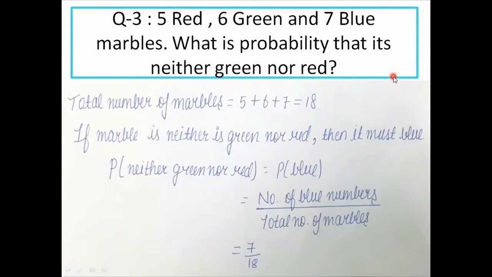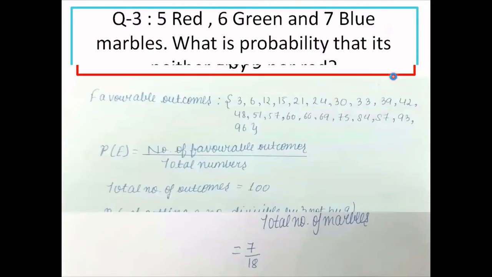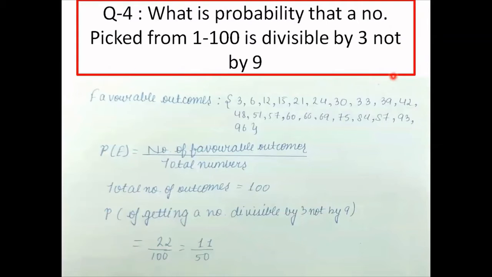Now let's get to our next question, number 4. Question number 4 says, what is the probability that a number picked from 1 to 100 is divisible only by 3 but not by 9? First we will take out the favorable outcomes.